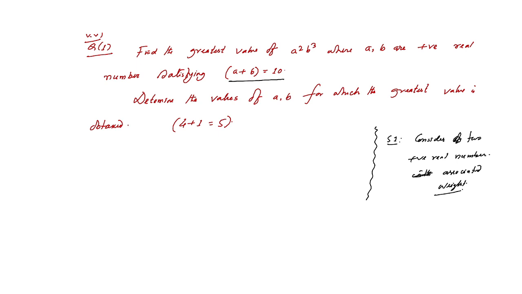Then we can apply the weighted arithmetic mean and weighted geometric mean. So how? If you see, the numbers here are the positive real numbers a and b.